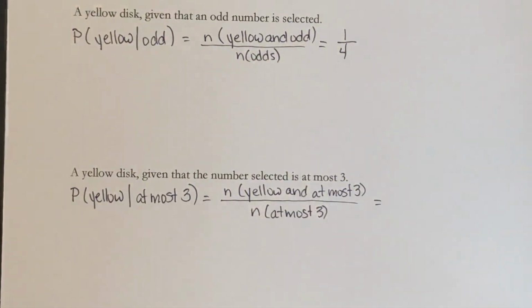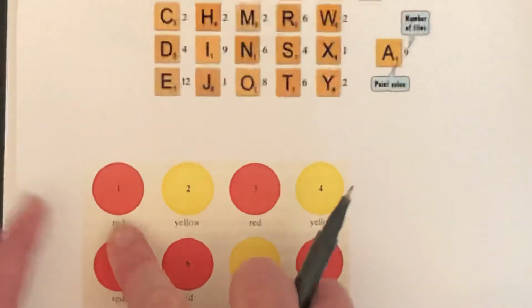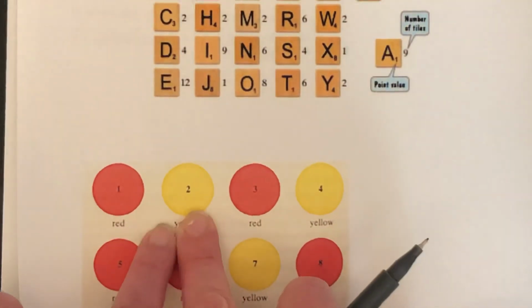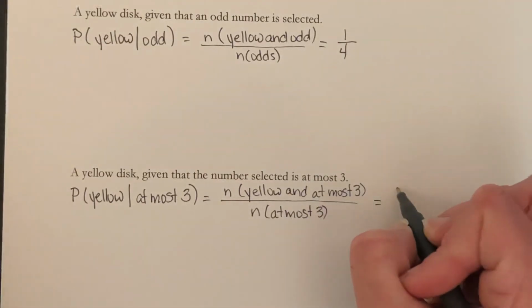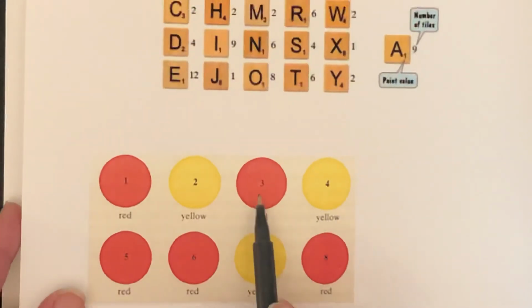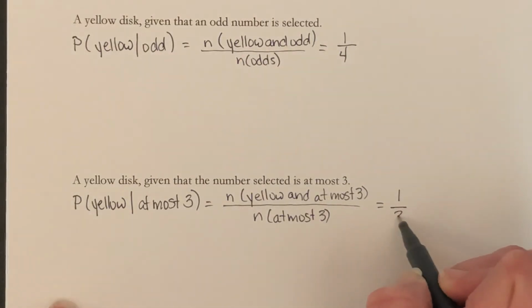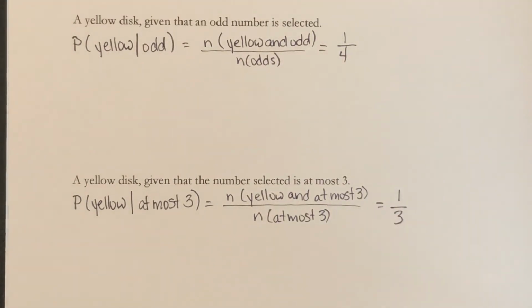At most 3 would be these 3. Yellow and at most 3, there's only one option there. At most 3, there are 3 possibilities. So that probability would be 1/3.